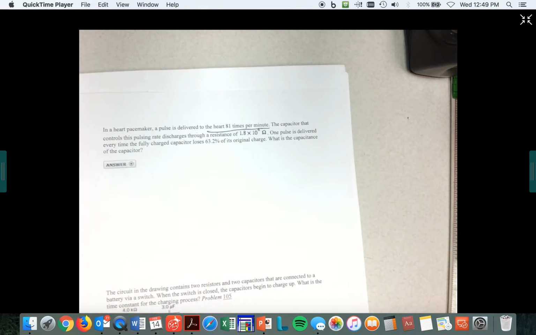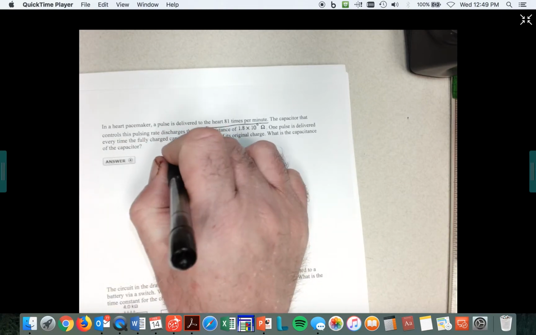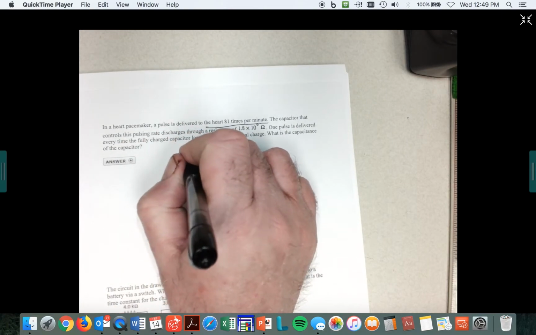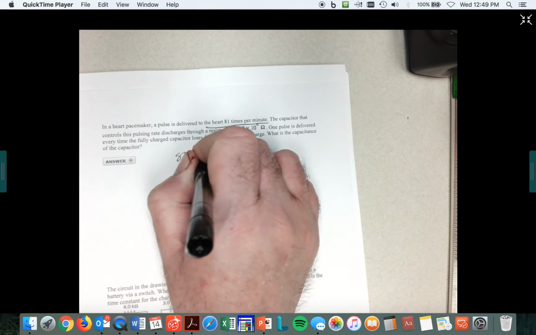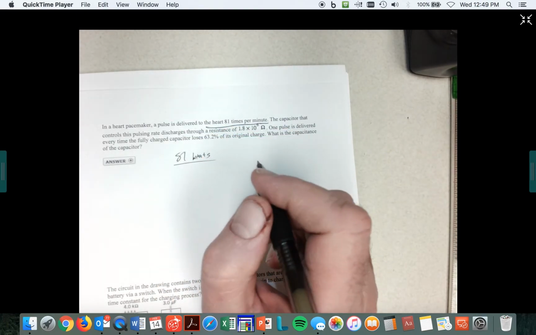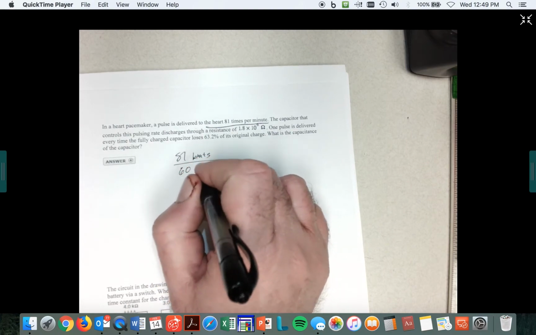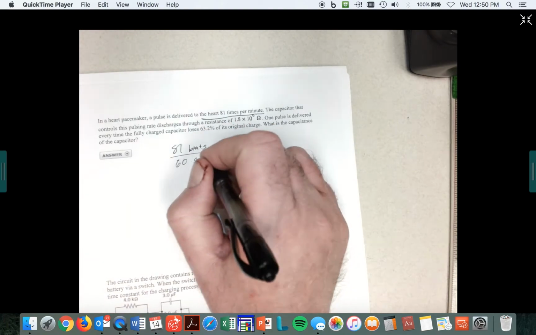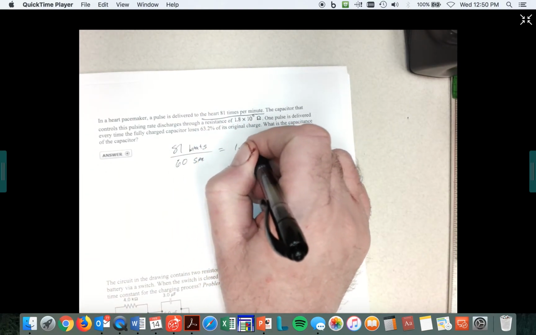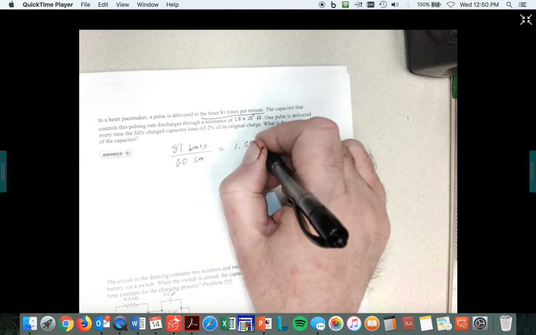When we were trying to solve this, 81 beats per minute, I had 81 beats per 60 seconds. Well, that's still beats per second. I want to know how many seconds there are between beats. When we calculated this, we got 135 beats per second.